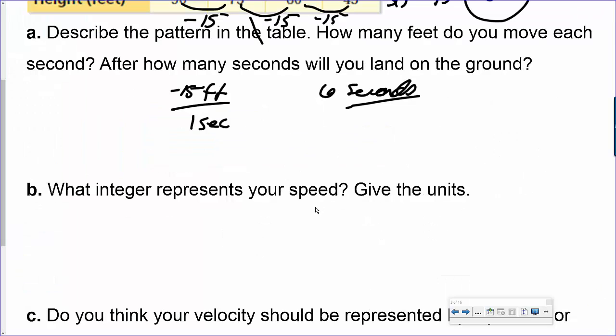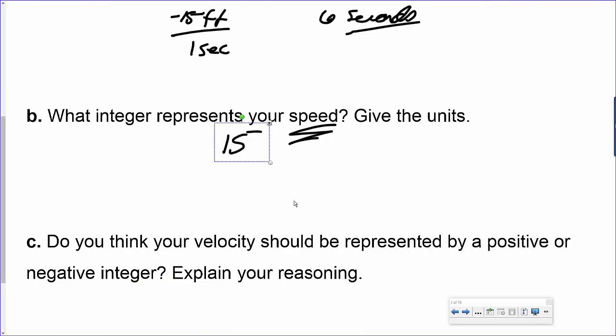Now it asks which integer represents your speed. In this case, the speed is 15, because it's speed. The next one says velocity, and asks whether it should be represented by a positive or negative. I'm going down, so I'm going to make this a negative. For speed, it doesn't matter if it's negative or positive; it will always be the positive value.